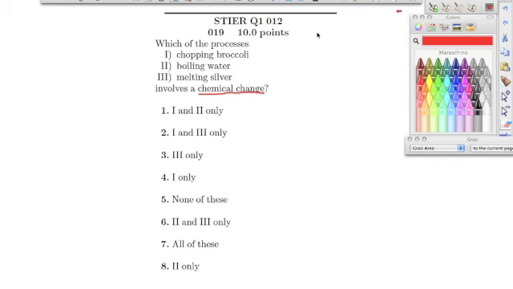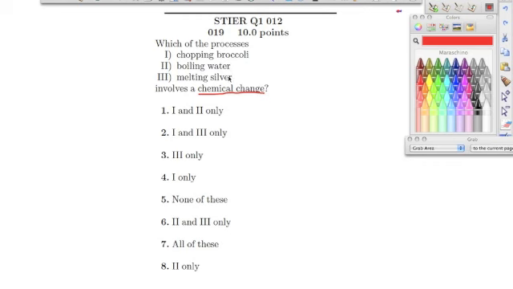So if we look at chopping broccoli, if we take broccoli and chop it up into fine little pieces, we still have broccoli, it's just in smaller pieces. If we take liquid water and boil it, it turns into steam. But chemically, it's still H2O. It hasn't changed anything, it just changed the state of matter. So that again is physical.